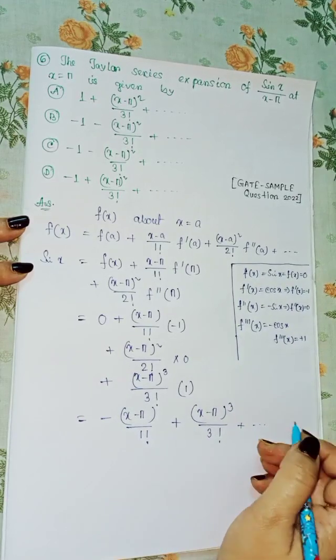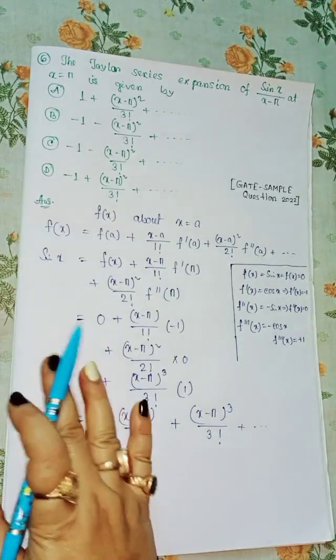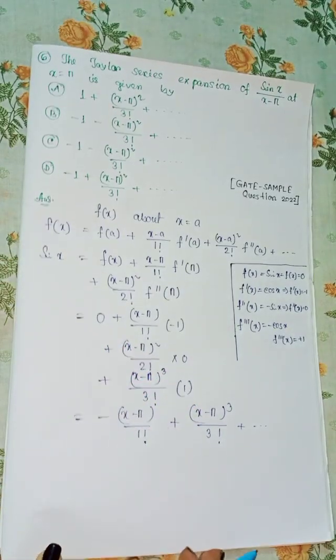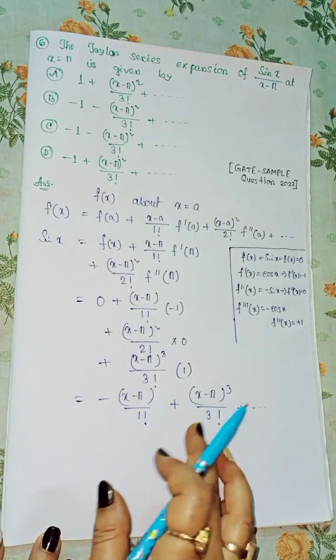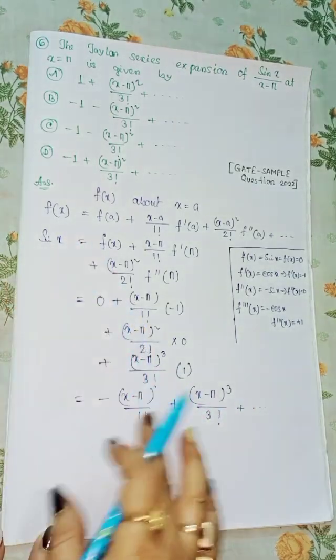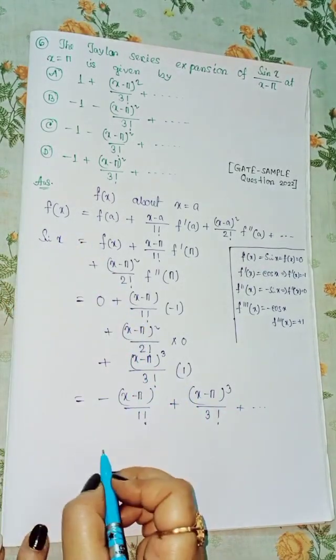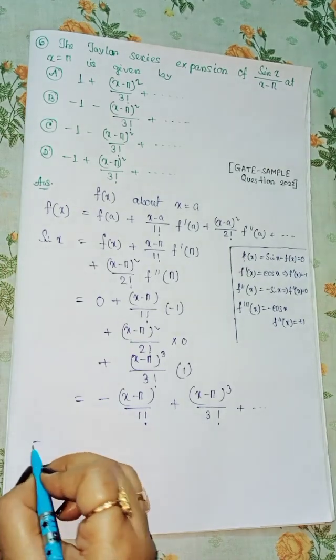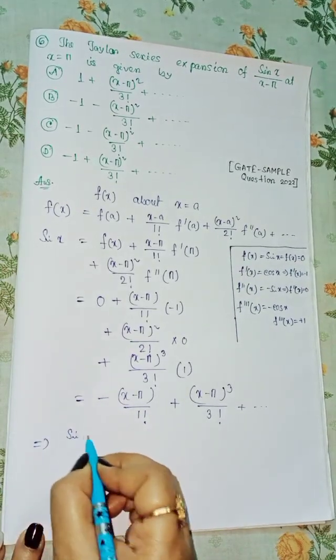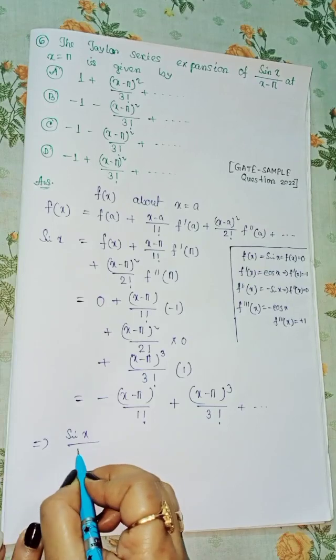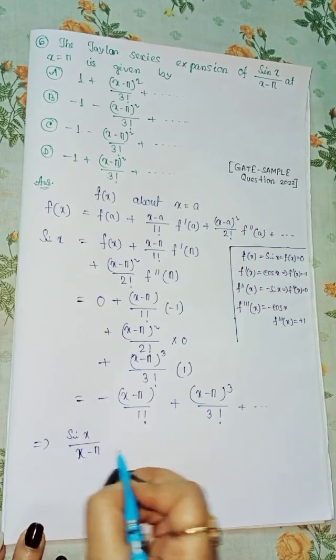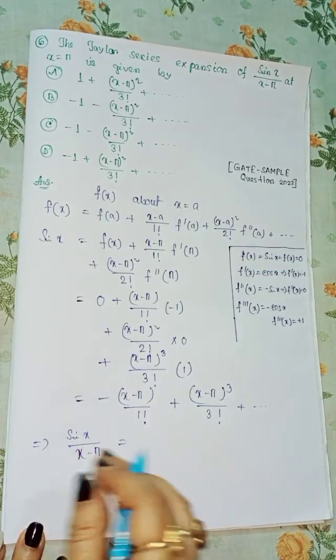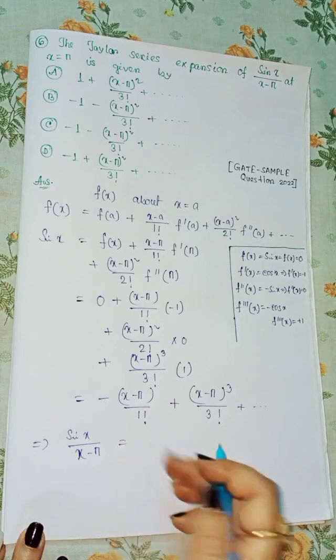So dividing whole term with x minus pi. So here we get sin of x by x minus pi. So x minus pi and x minus pi is cancelled off.